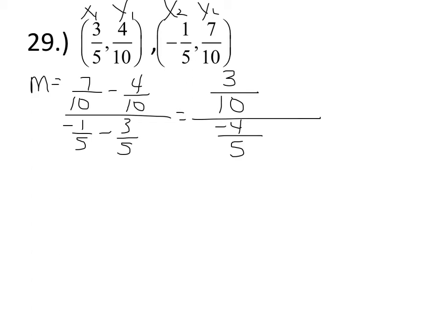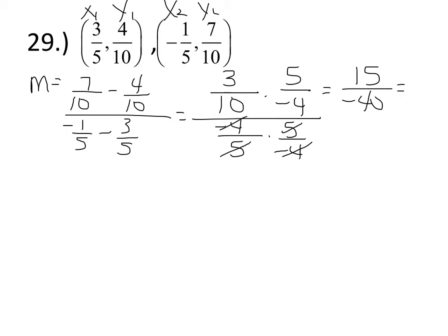You're going to multiply by the reciprocal of the denominator. So we multiply by 5 over negative 4. These all cancel, leaving me 15 over negative 40, which can be reduced to 3 over negative 8. Okay?